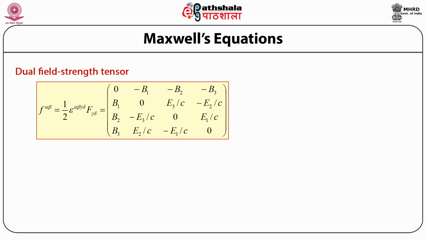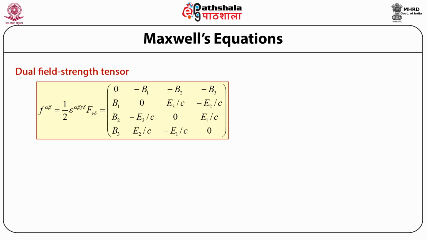Third row elements are b subscript 2, minus e subscript 3 by c, 0, e subscript 1 by c, and the fourth row elements are b subscript 3, e subscript 2 by c, minus e subscript 1 by c, 0.